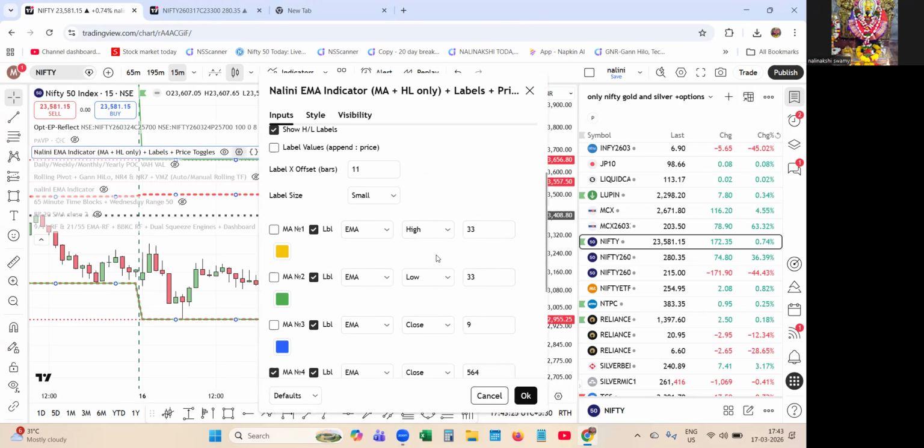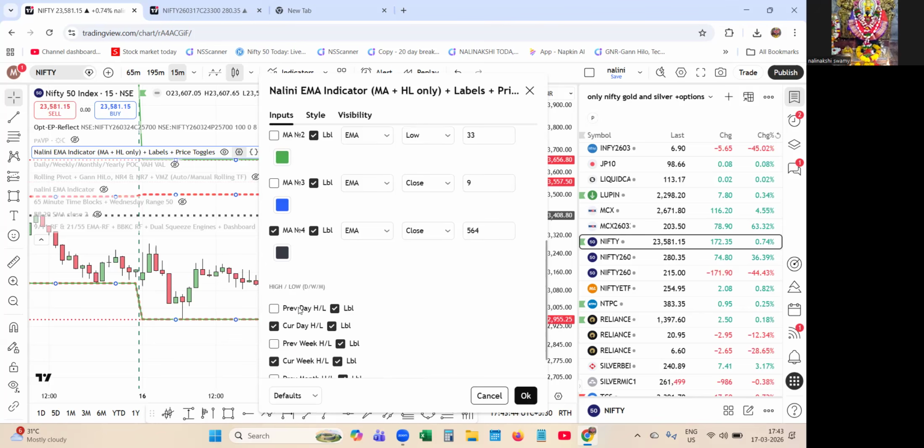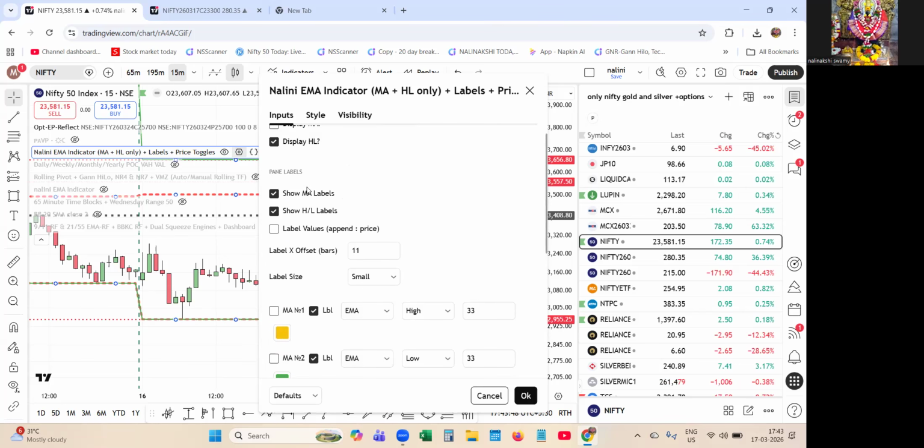If I go to the settings, it gives me previous day high, current day high and low, previous week high and low, current week high and low, previous month high and low, current month high and low. Even the moving averages are also there, but I don't need the moving average.